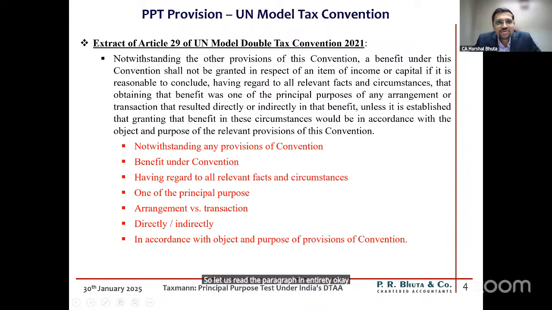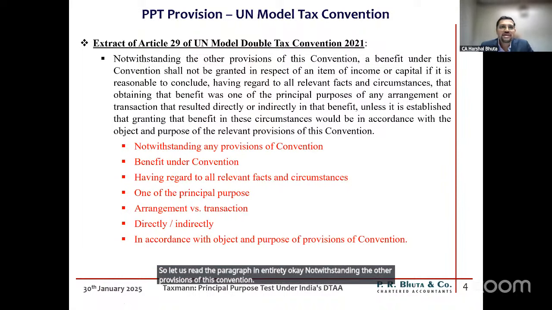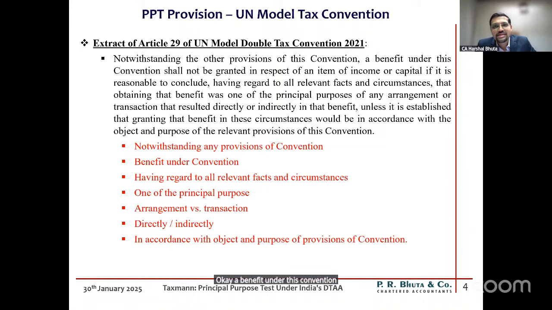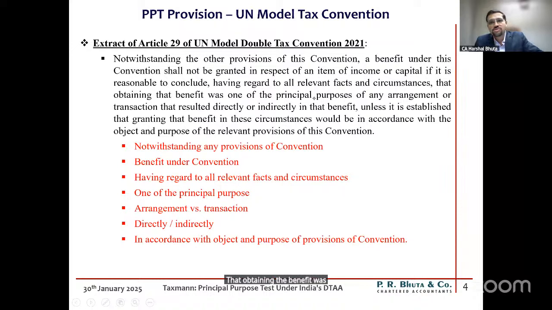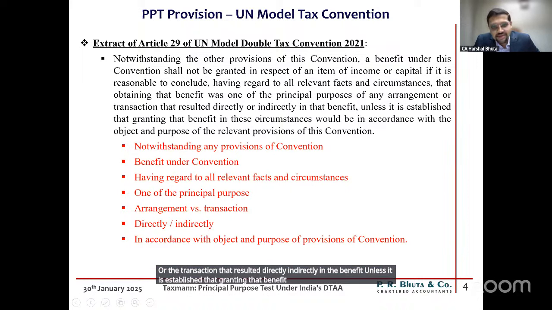Notwithstanding the other provisions of this convention, a benefit under this convention shall not be granted in respect of an item of income or capital if it is reasonable to conclude, having regard to all the relevant facts and circumstances, that obtaining the benefit was one of the principal purposes of the arrangement or the transaction that resulted directly or indirectly in the benefit, unless it is established that granting that benefit in these circumstances would be in accordance with the object and purpose of the relevant provisions of the convention.